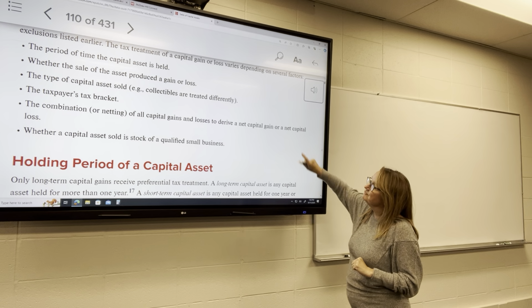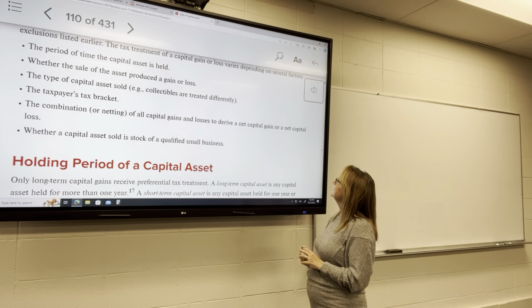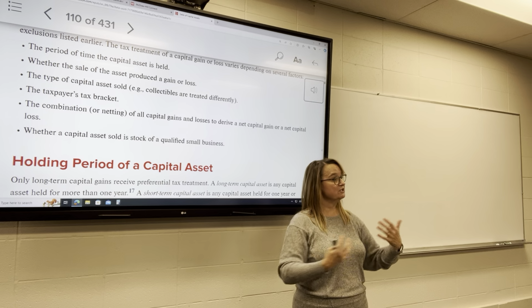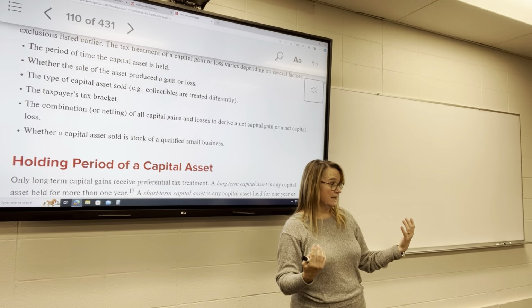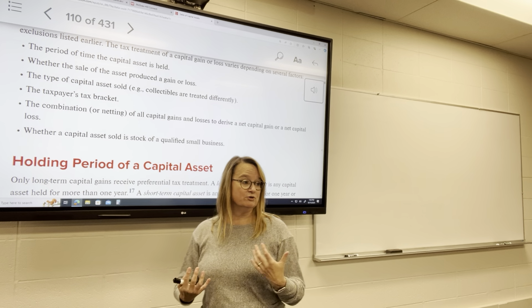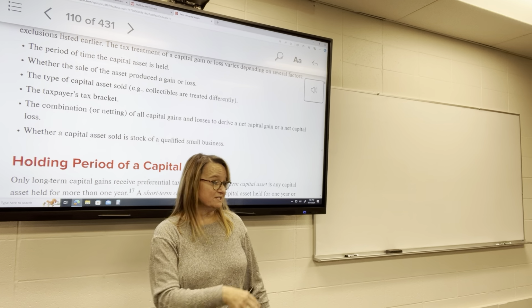The combination of all capital gains and losses to derive a net capital gain or a net capital loss. We have to combine, because you might have sales of multiple assets, multiple investments, right? Say you sold a bunch of stock. You sold 10 different stocks.